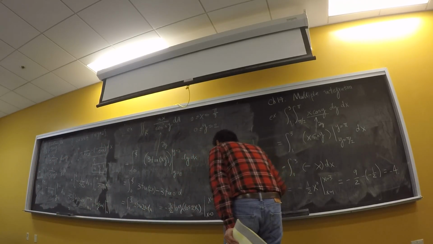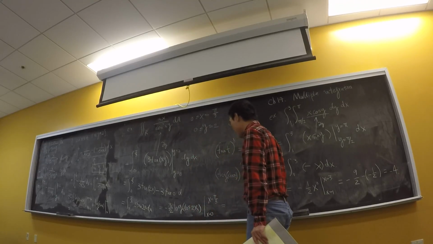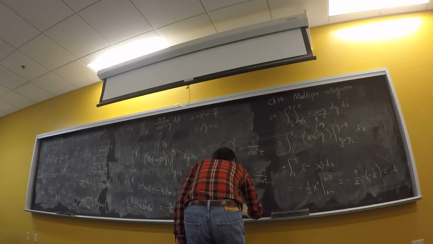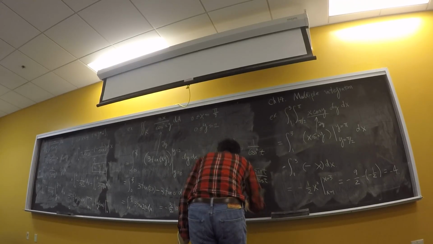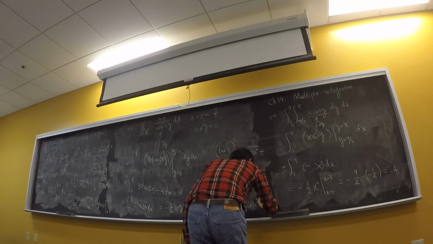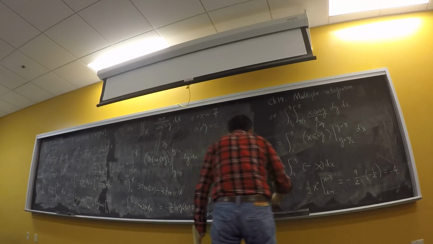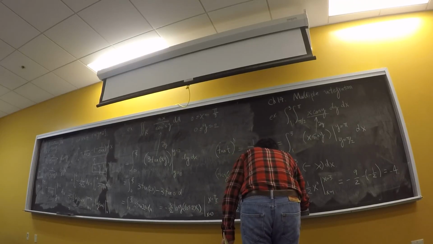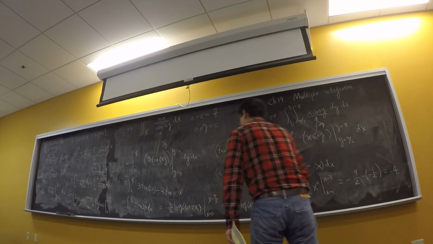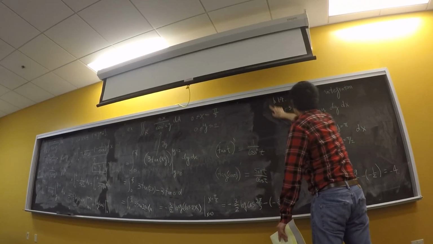So when I plug in x equals pi over 3, I'm getting minus 3 divided by 2 log cosine of 2 pi divided by 3. Then minus, minus 3 divided by 2 log cosine 0.